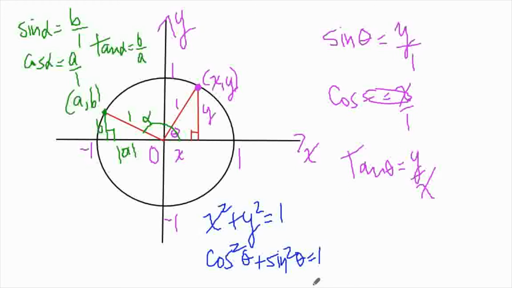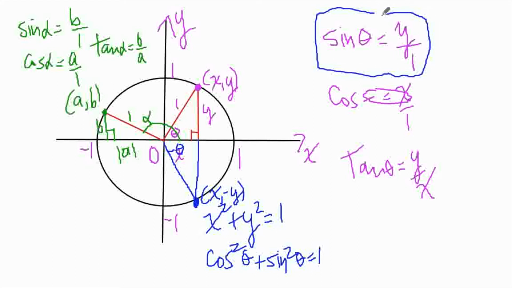What about if instead of the angle, I had a negative angle? So I was down here like this, minus theta. The x coordinate would still be the same, but the y coordinate would change sign. If I did the same ratios, can you see that the sine would remain?